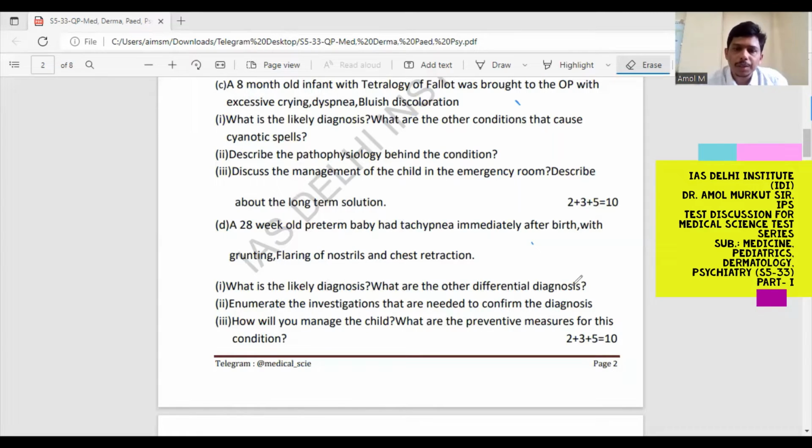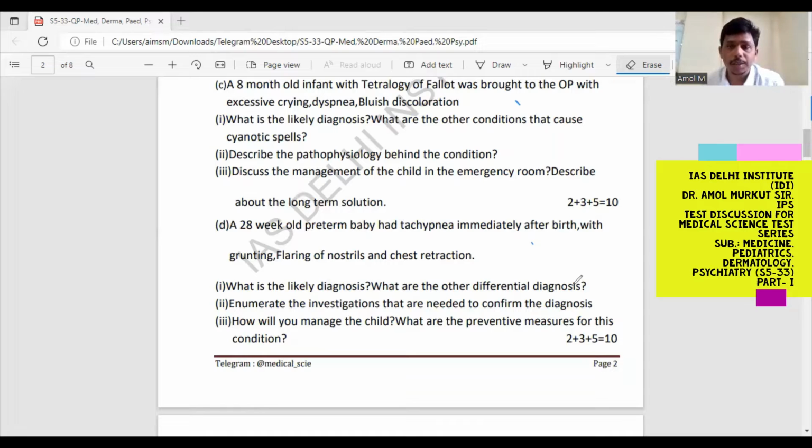And for other differential diagnoses, again in Ghai, in the chapter on the newborn infant, after respiratory distress syndrome, see, here he has given a box of the causes of respiratory distress, not respiratory distress syndrome.